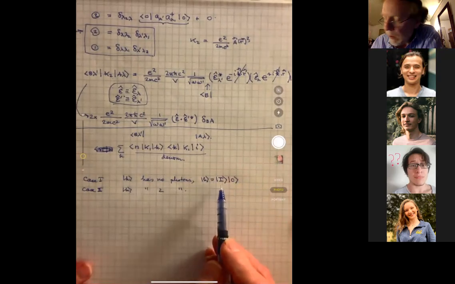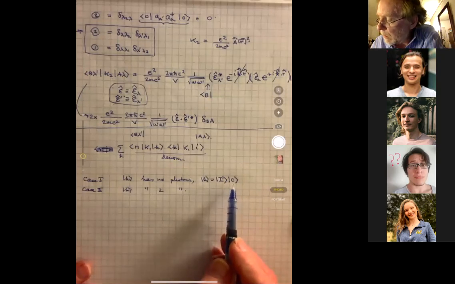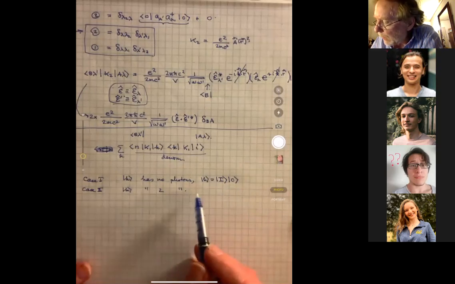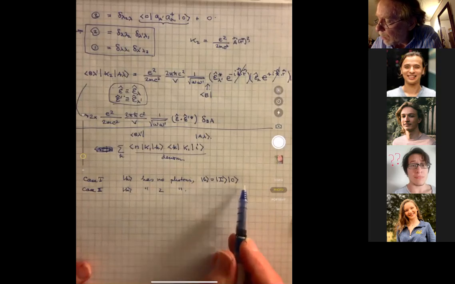That is to say, it's what I'll call an intermediate atomic state, but the field is empty. Whereas in the second case, the intermediate state is going to contain an intermediate atomic state with two photons in the field, and I'll come back to that case a little later.